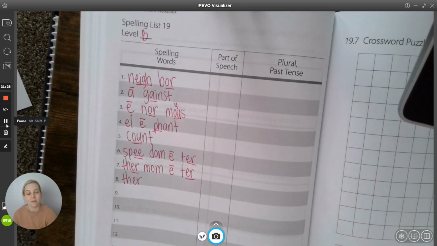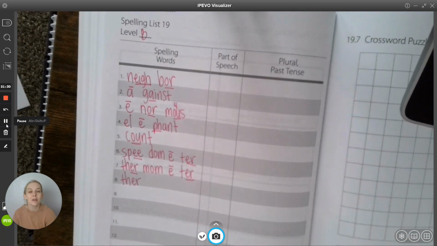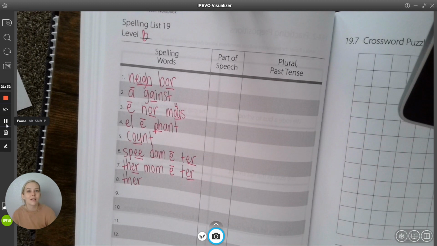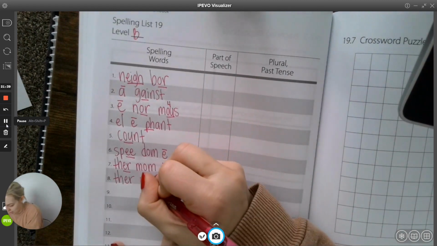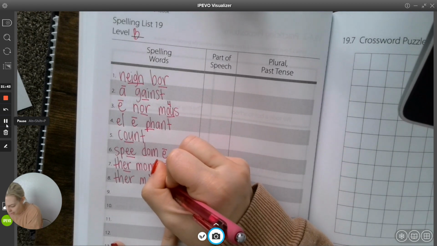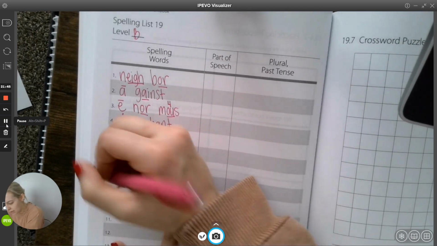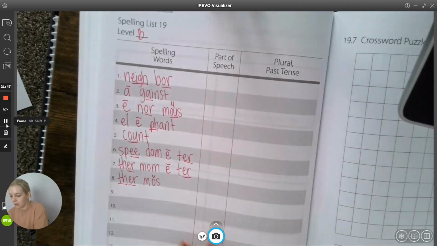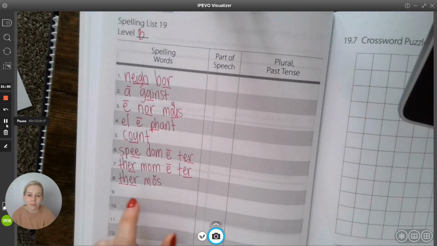Second syllable is moss. Sound it out. Ah. Finger spell. Ah. And we're going to show that this is saying its short sound, because normally it is a schwa.